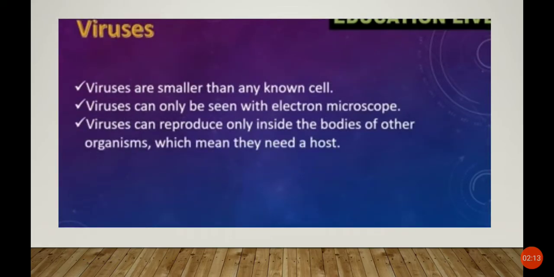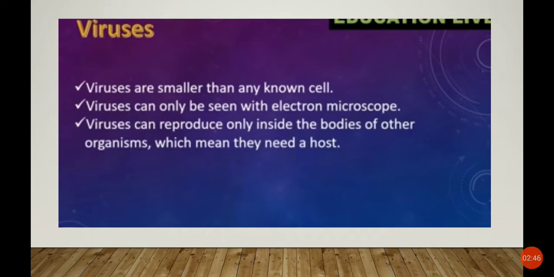Next, this is about virus. Viruses are smaller than any known cell. Among these 5 microorganisms, viruses are very small and can only be seen with an electron microscope, that is a powerful microscope. Viruses can reproduce only inside the bodies of other organisms, which means they need a host.